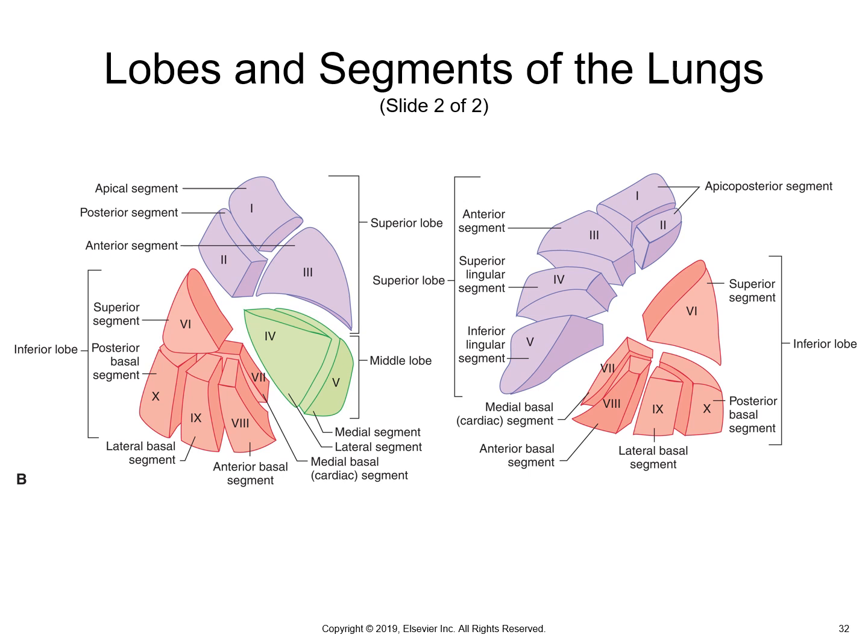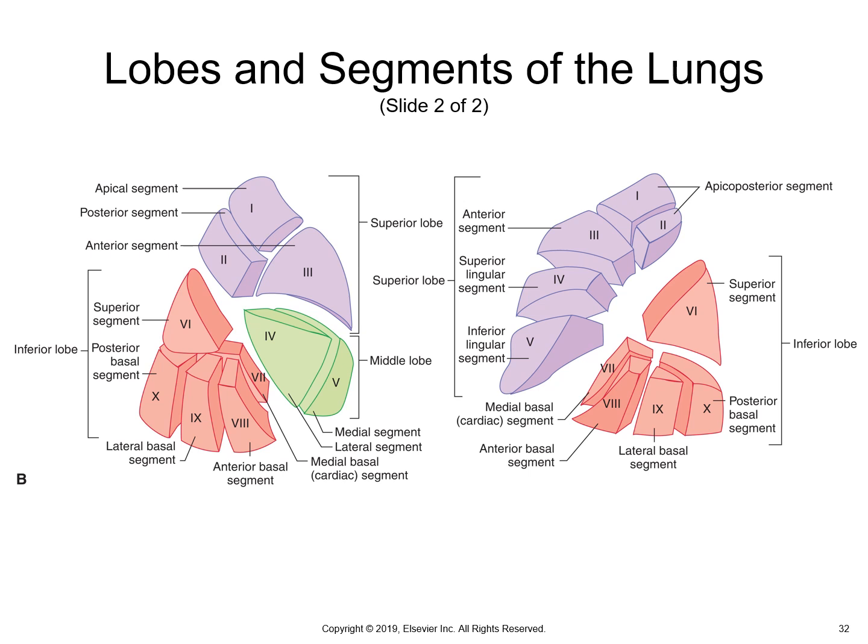As you can see in the right lung, there are 10 total segments. All right, in the superior lobe, there are 3 segments highlighted in purple. They're called the apical segment, the posterior segment, and the anterior segment. In the middle lobe, there are 2 segments highlighted in green, the lateral segment and the medial segment.